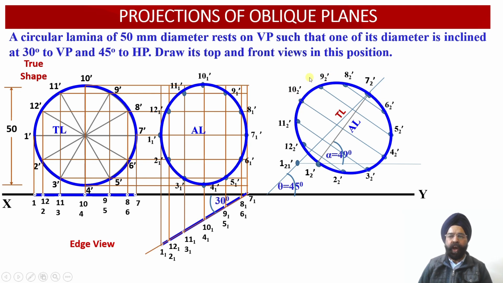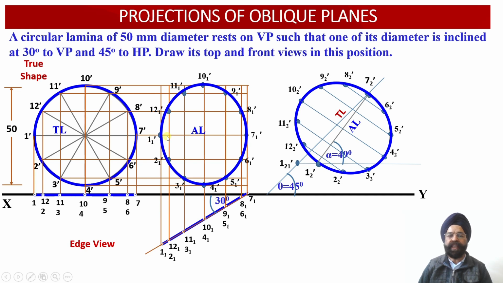So this way, all the 12 points of the front view will be defined and we can join all these points. So this way, we have been able to transfer the ellipse, the apparent length projections of the circular lamina which we had obtained in the front view projections previously.